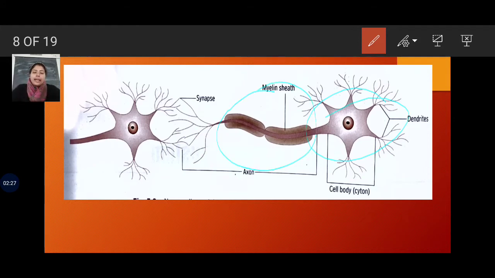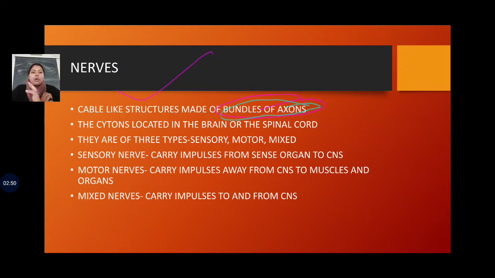This is the axon. The axon, its appearance is wire-like or cable-like, whatever is written in your book. They are present in the form of bundles, giving an appearance of a cylindrical bundle together.